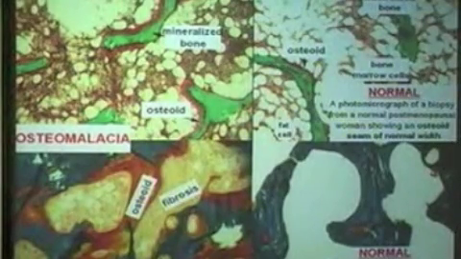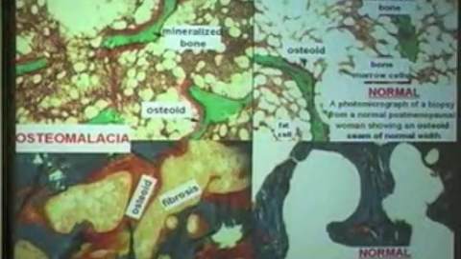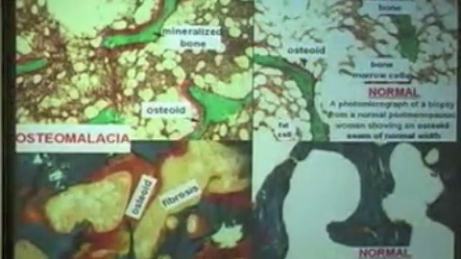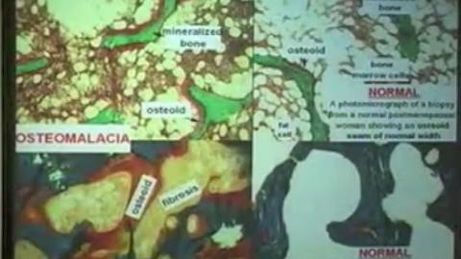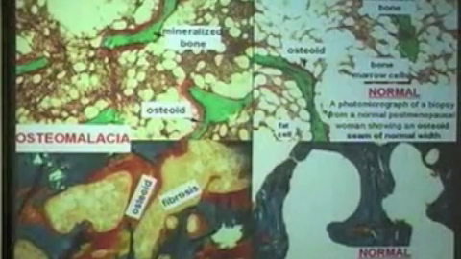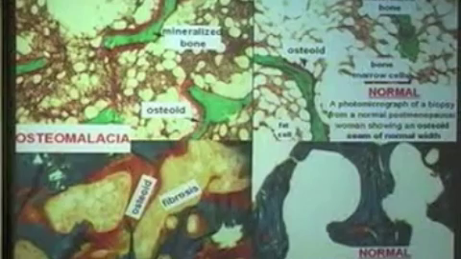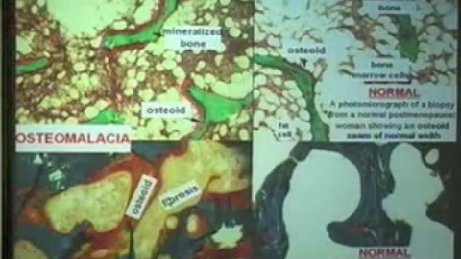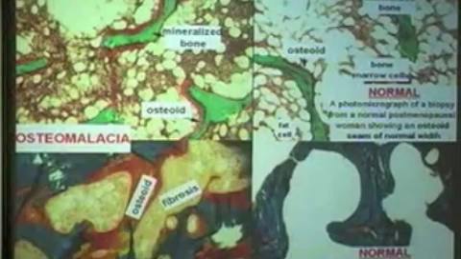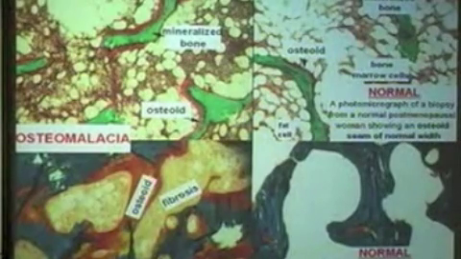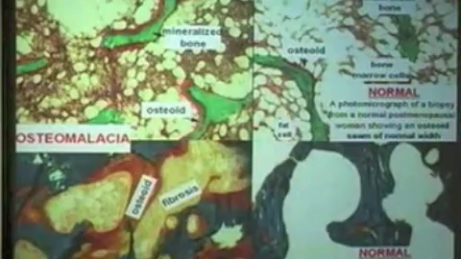Okay, so be able to recognize or at least interpret what's going on. So here's increased osteoid because of osteomalacia. Then down here, once again, you have mineralized bone. This is all osteoid. And then, of course, if you have destruction, how do you repair it? Heard the term fibrosis? Okay, that's what that is.